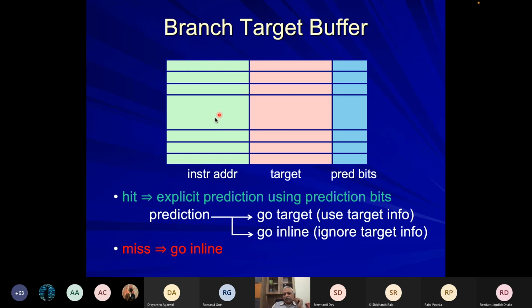This is a special memory, a kind of associative memory, where it can simply locate whether there is an entry for this address or not. It will directly get to that point, and there will be either a hit, which means that the entry exists, or it may not be there, which means that for this branch you may not have remembered the history.